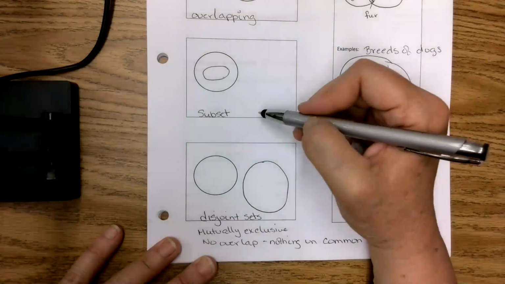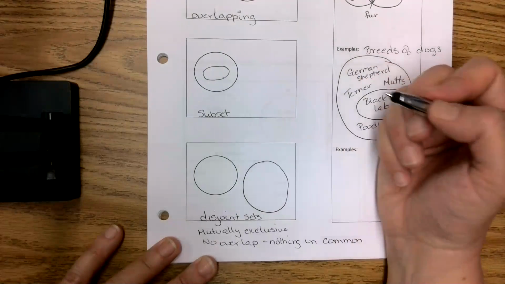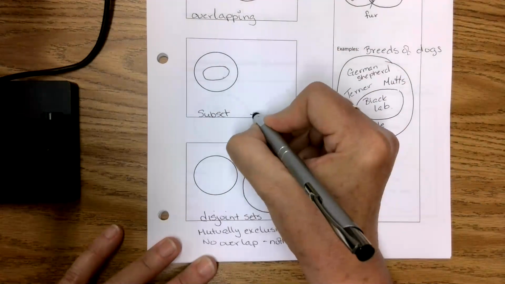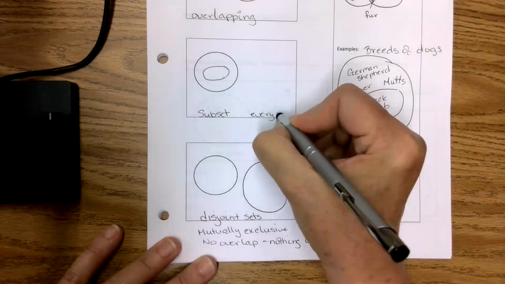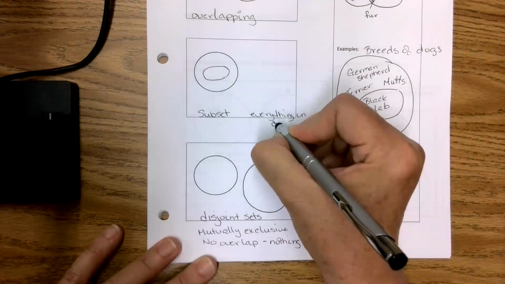Oh, I want to do that. Then how much do these guys have in common with the rest? So if this is nothing in common, this would be everything in common.